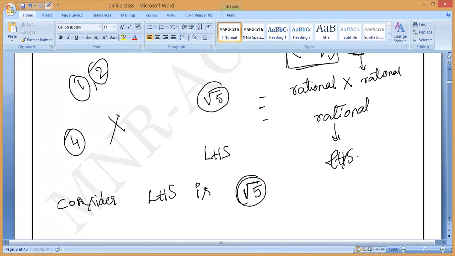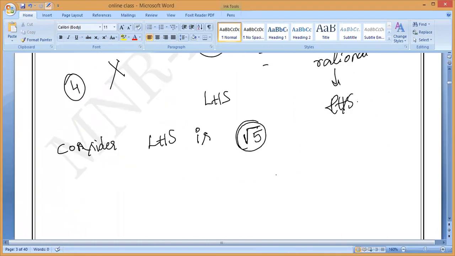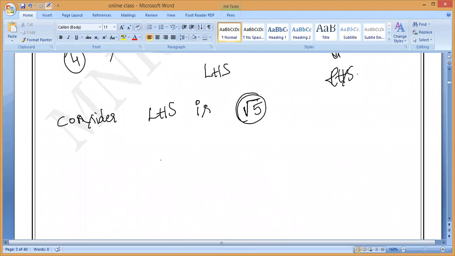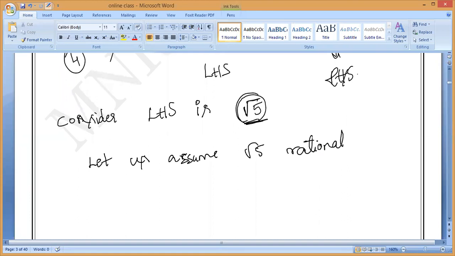We need to assume root 5 as rational and then find. So let us assume, root 5 is rational. Do you understand? Any doubt, ask me. This is for a 4 marks question.